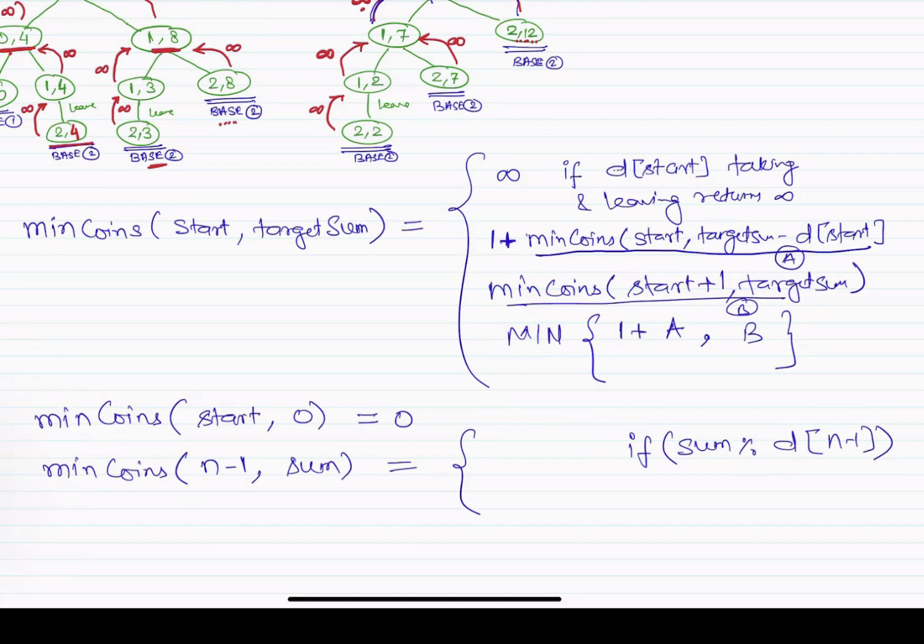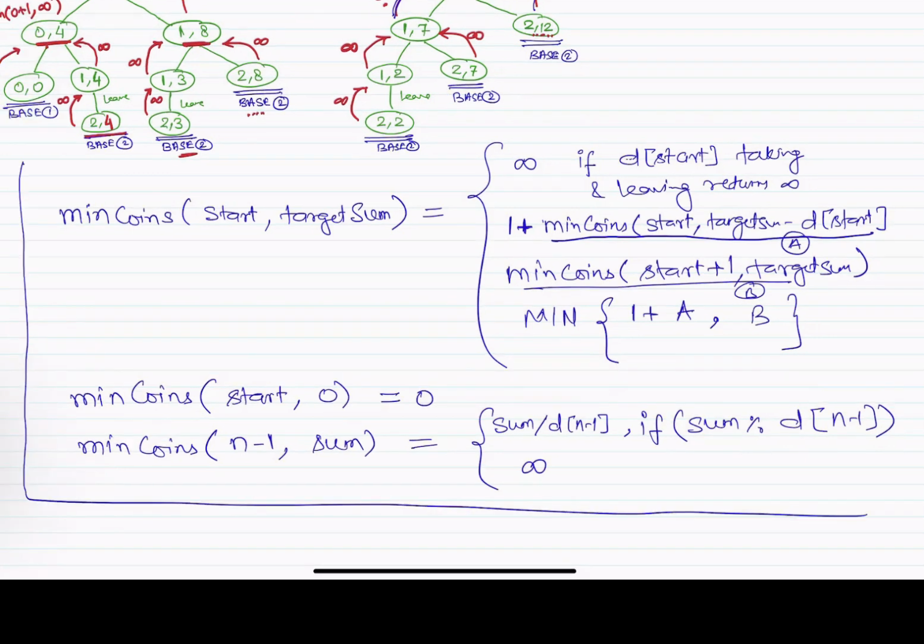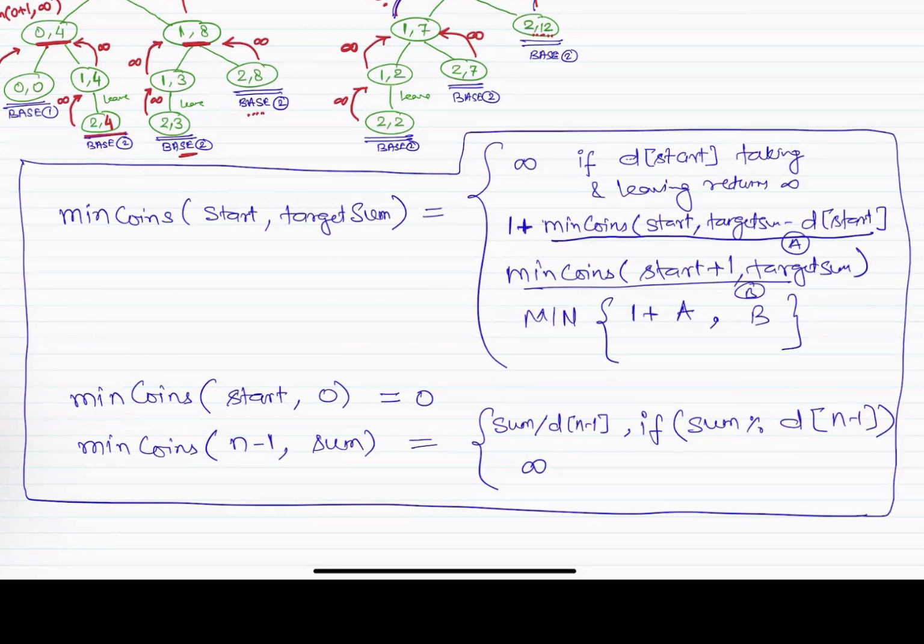If the sum is divisible by d of n minus 1, then the answer will be sum divided by d of n minus 1. Otherwise, if it is not divisible, the answer is infinite. That is what we saw earlier. So combining these two, of course, we got the answer. And now this needs to be translated into code.